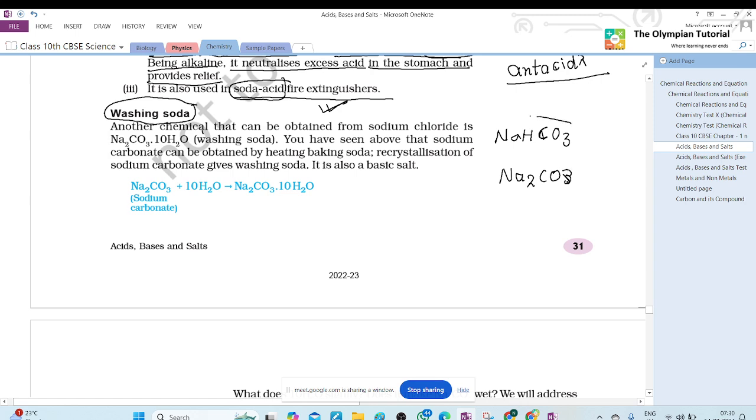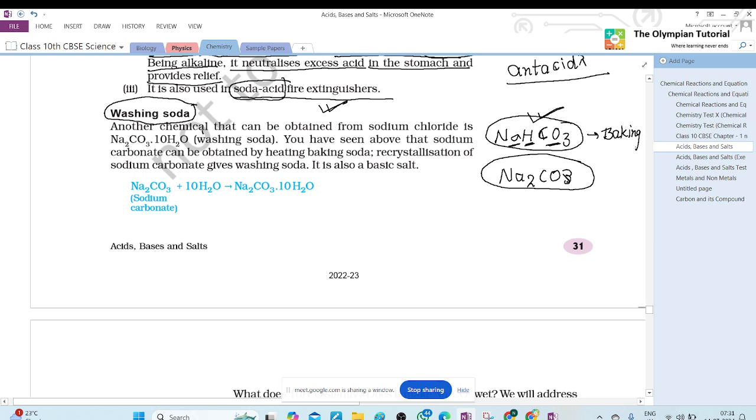I was confused about which one is baking soda and which one is washing soda. Then I made a trick. NaHCO3 is sodium bicarbonate. Bi, b, so it is baking soda.